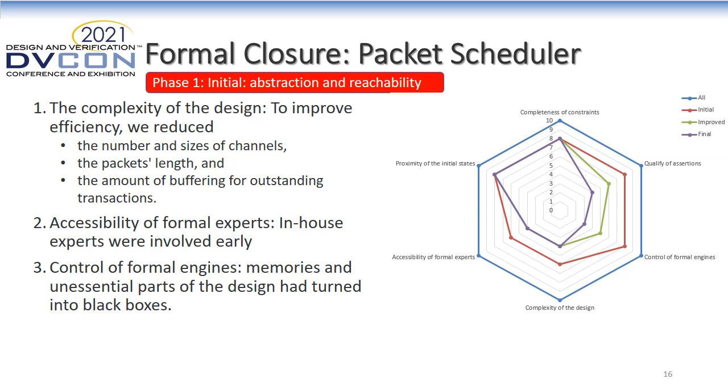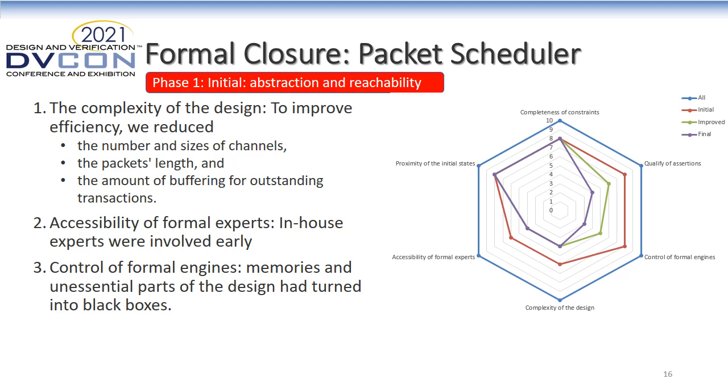Now, as we are in phase 1, we want to collect all the information. We want to set up the design for formal verification. A packet scheduler could be a very complex design and could have very long latency. So in this phase, we want to focus on reducing the complexity of the design. We want to reduce the number and size of the channels so that formal can focus on a few channels.